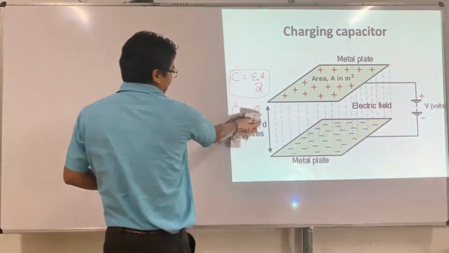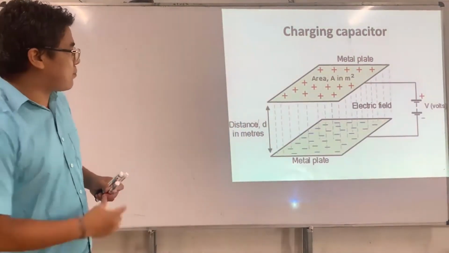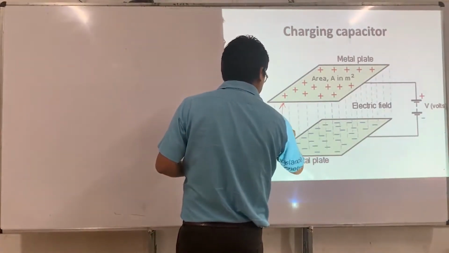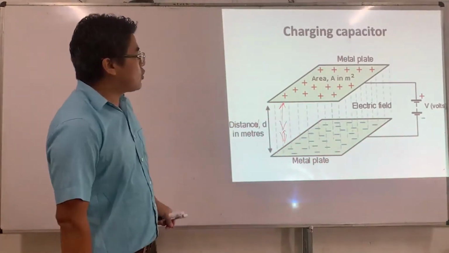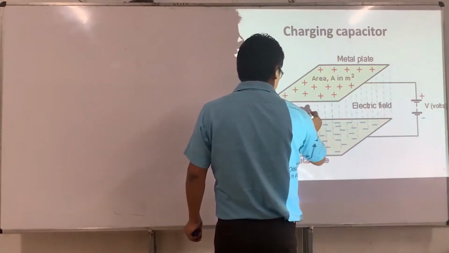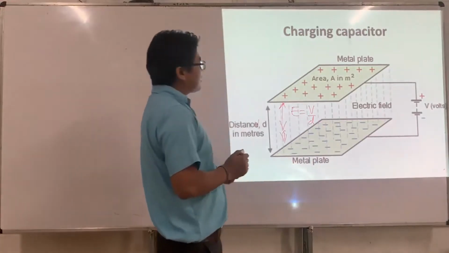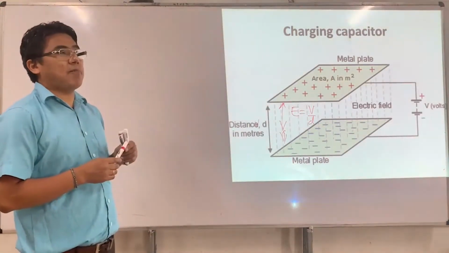So the potential across this plate is going to be V, which is equal to the potential we apply. And the electric field inside the plates is going to be V divided by the distance. This is how charging of a capacitor takes place.